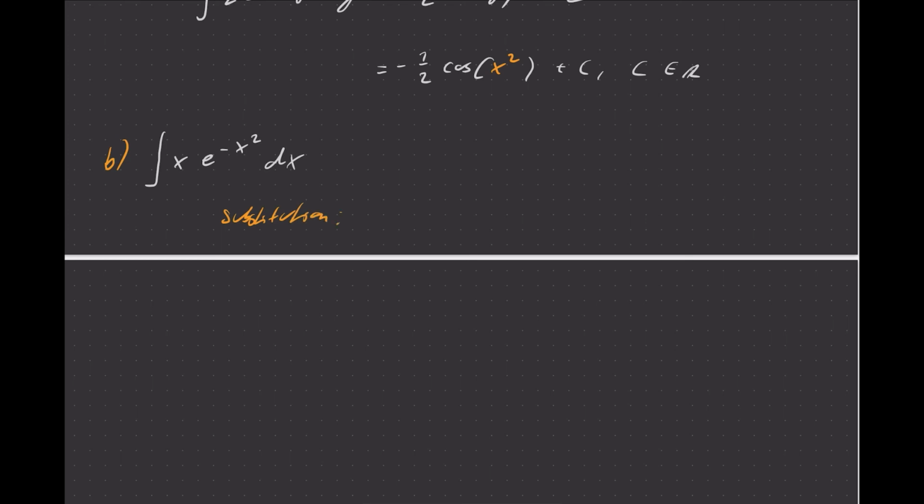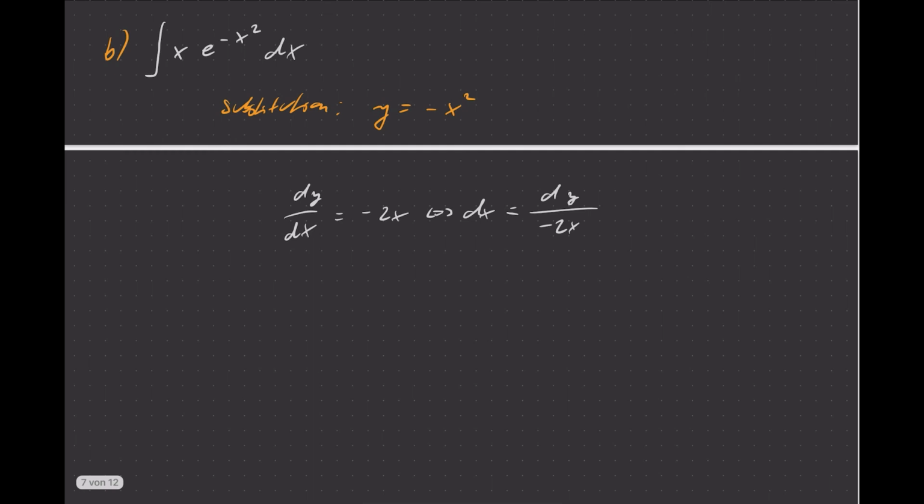And again, the x squared is obviously what's troubling us. So in this case, we can even take it so far to substitute minus x squared for y. And then we get dy by dx is equal to minus 2x. So dx will be equal to dy over minus 2x.